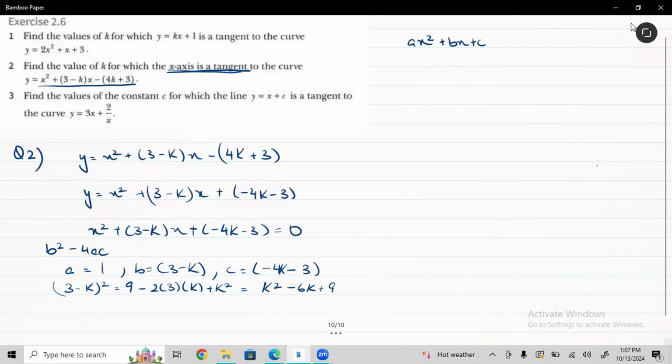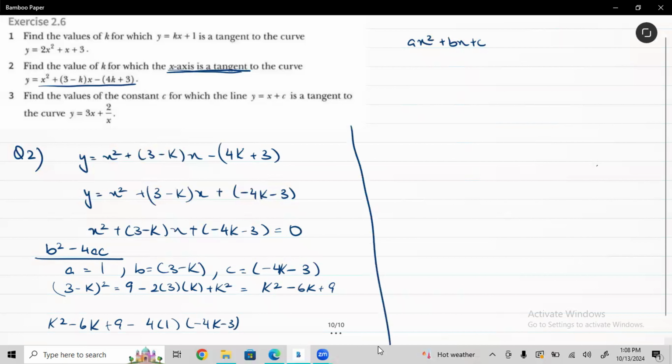Now, putting this into the discriminant b squared minus 4ac: we already know b squared is k squared minus 6k plus 9, minus 4 multiplied by a, which is 1 itself, and c, which is negative 4k minus 3.